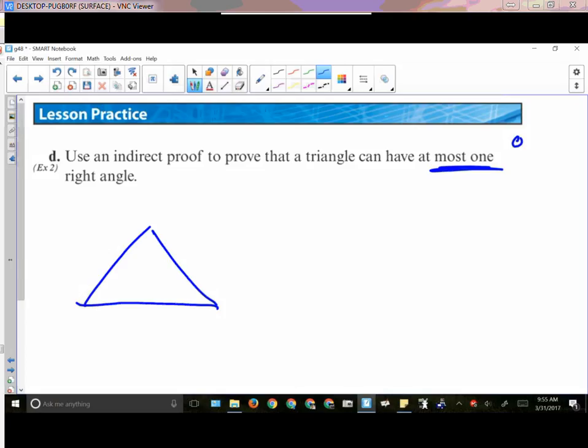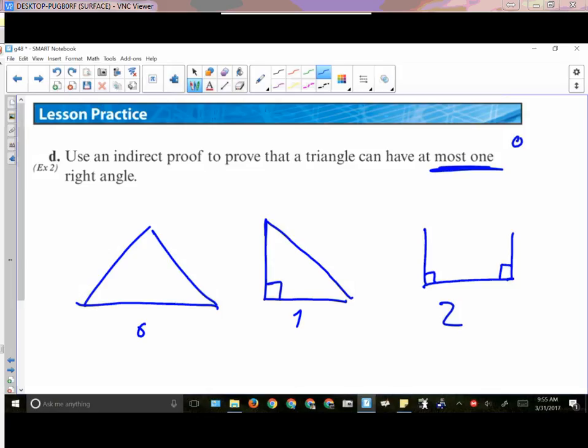So can I make a triangle with 0 right angles? Okay. So this is 0. What would happen if I tried this? Can I make a triangle with 1 right angle? Let's try 2. Okay, so here's 1 right angle and here is another right angle.